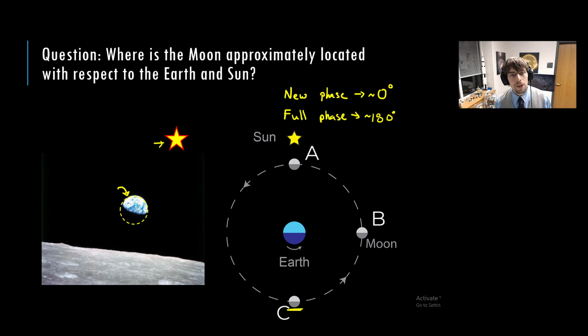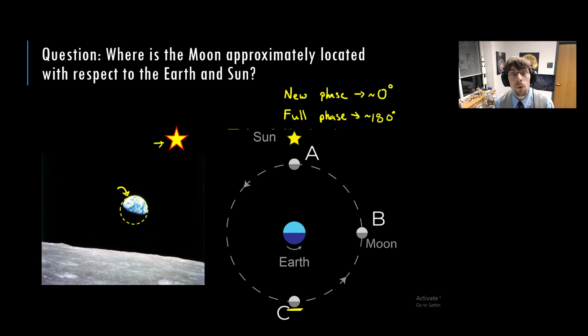Now, we don't call it a half phase. We call it a quarter phase. I should ask you this: is it going to be the left half of the moon or the right half? Good. It's the side that's facing the sun. So if I were standing here, that would be the left-hand side.